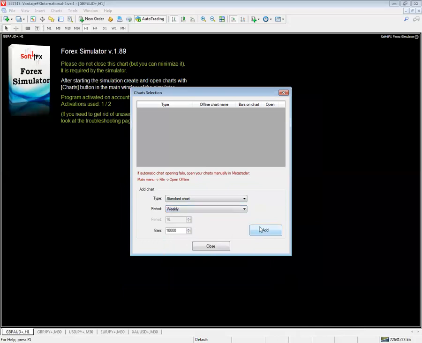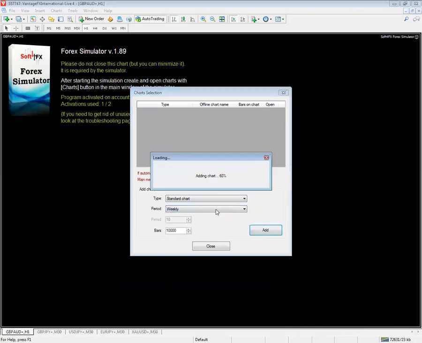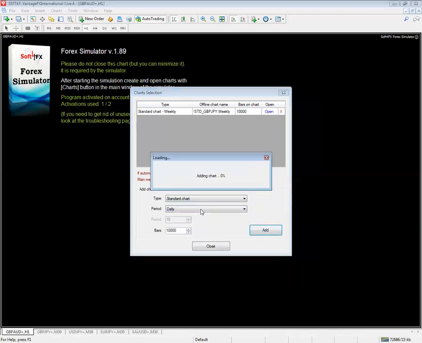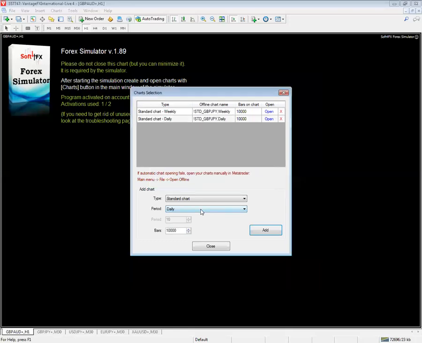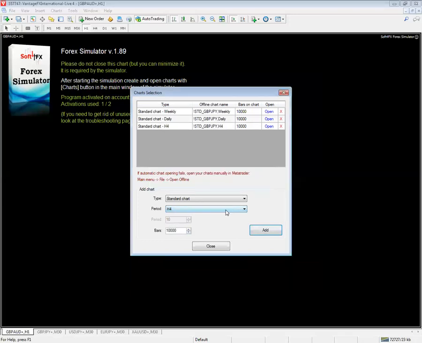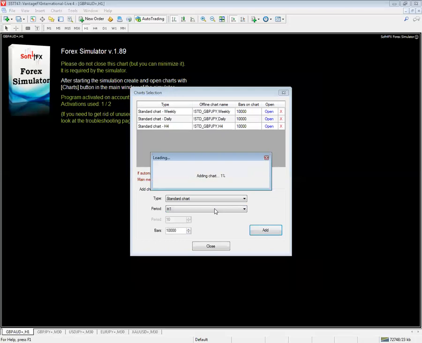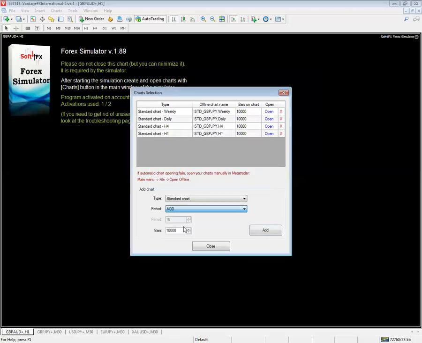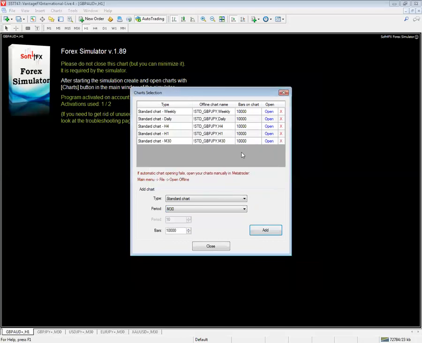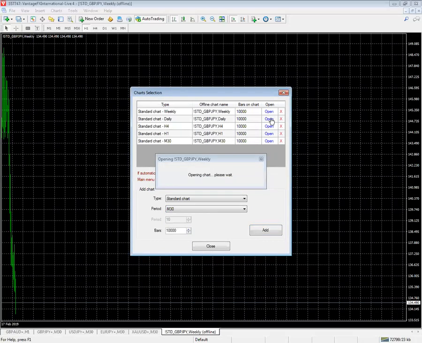So we're going to do the weekly time frame. So we're going to start adding the weekly time frame in, daily, four hour, one hour, and the 30-minute. Right, let's go ahead, open these up.